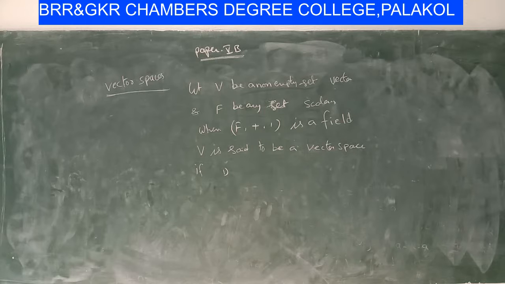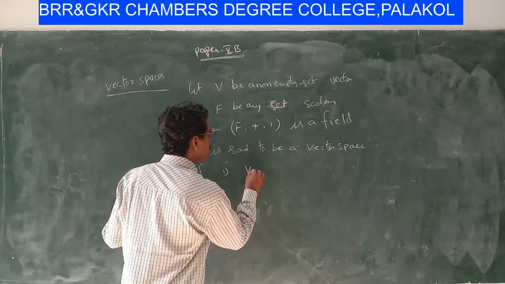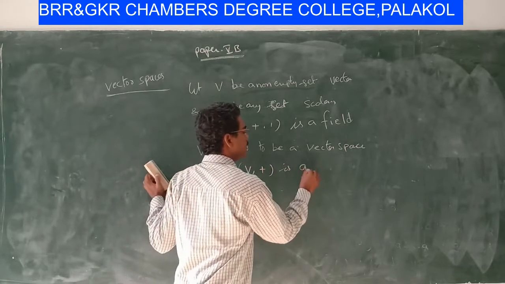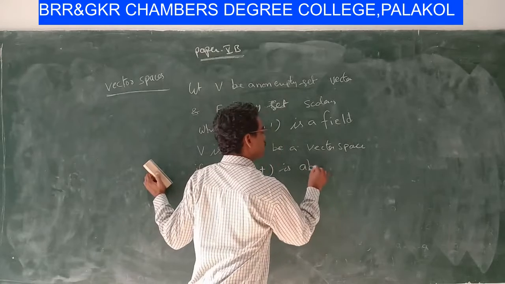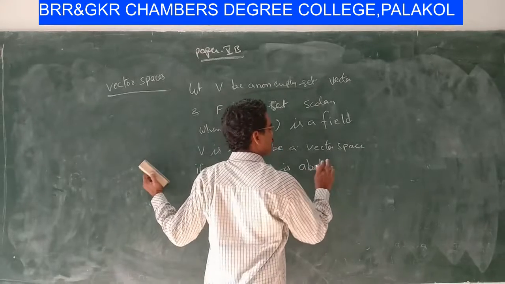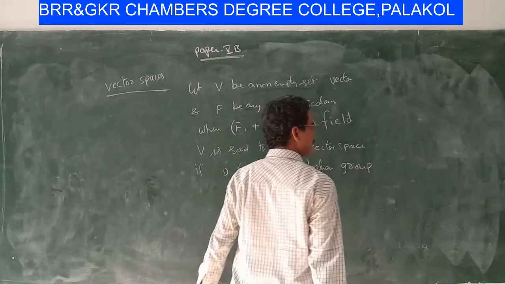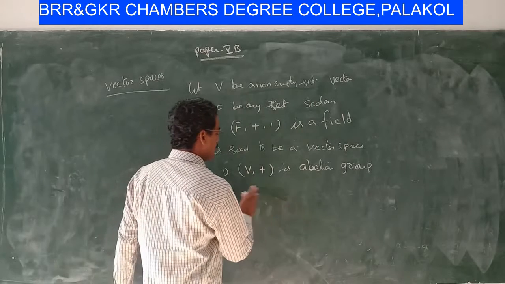Then V is said to be a vector space if the first one is V, plus is an abelian group. Abelian group.